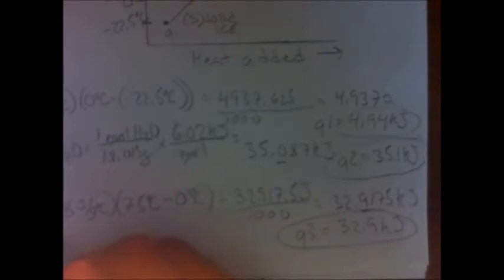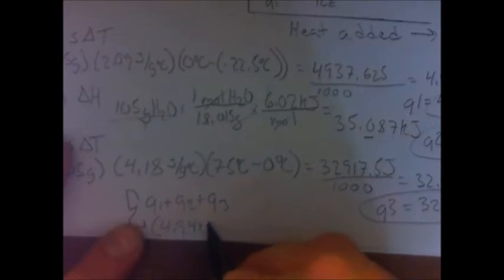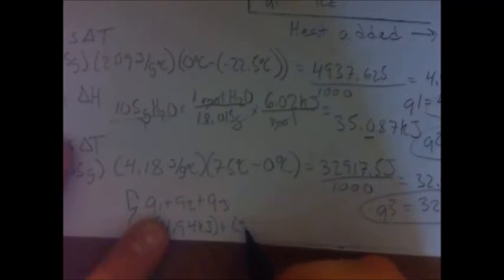The final step in the process of figuring out how much heat is needed for this answer, we'll need to bring the sum of all our Q values. So here we have Q1 plus Q2 plus Q3. This will equal for us 4.94 kilojoules plus 35.1 kilojoules plus 32.9 kilojoules.